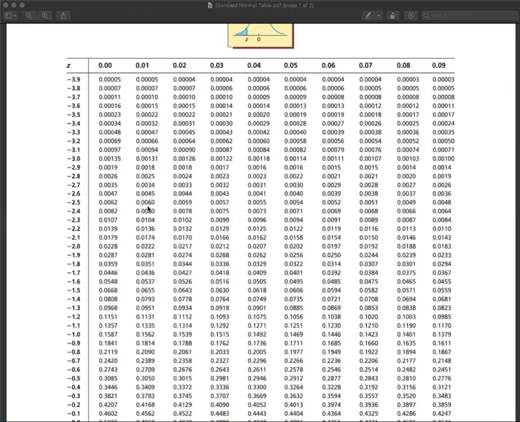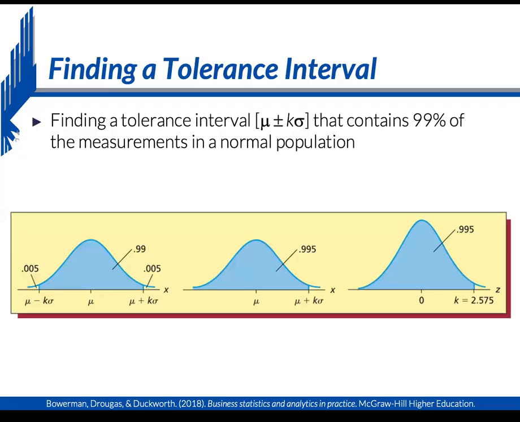So if you search for 0.00135, we find the exact value here, and that is for negative 3.00. And again, this should not be a surprise, because if you go back to the empirical rule, the interval 3 standard deviations from the mean contains 99.73%.